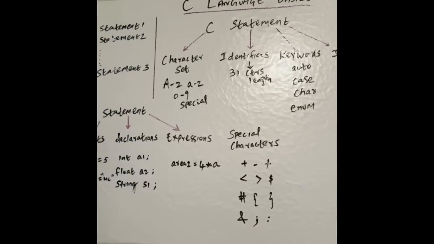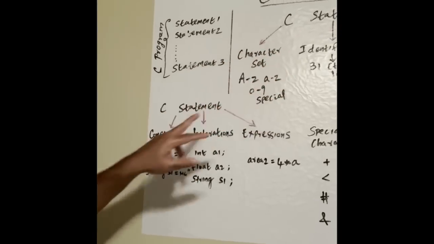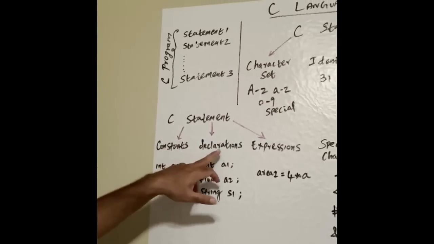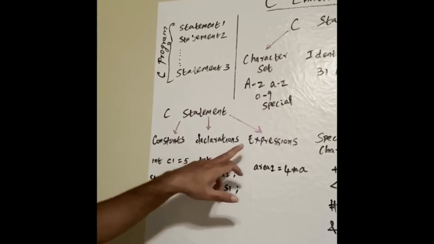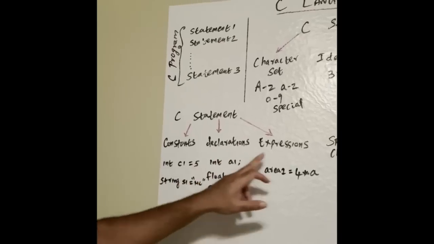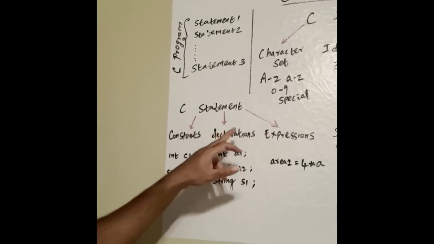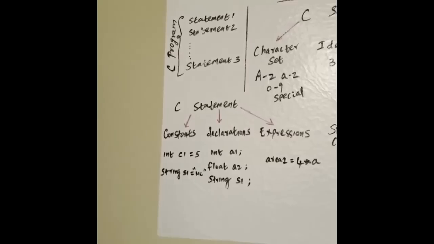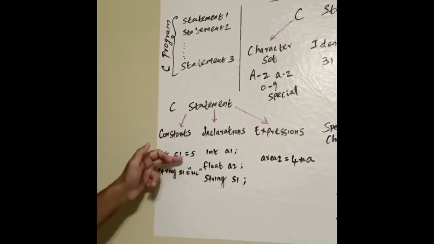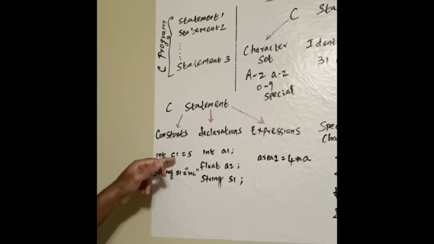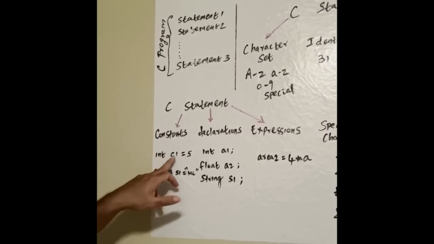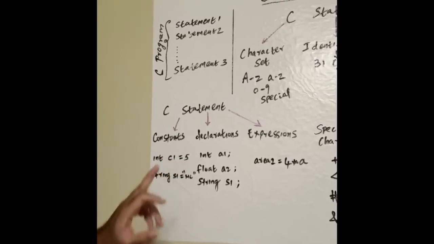Okay, let's come here. What are the other parts of the C statements? There's a constant, declarations, expressions. Expressions will be inside the main body of the C program. Constant is where we are defining the value of a variable, like integer C1, value of 5.